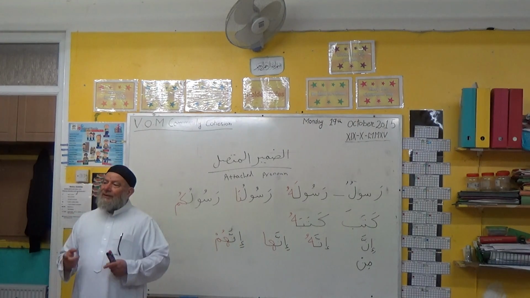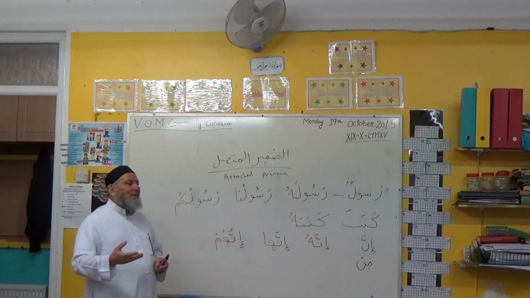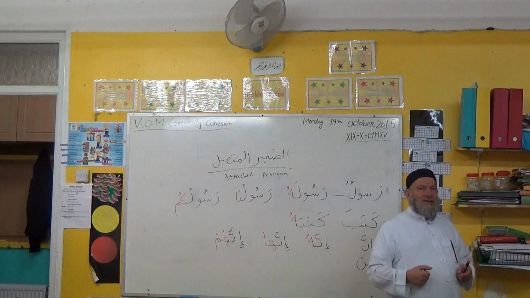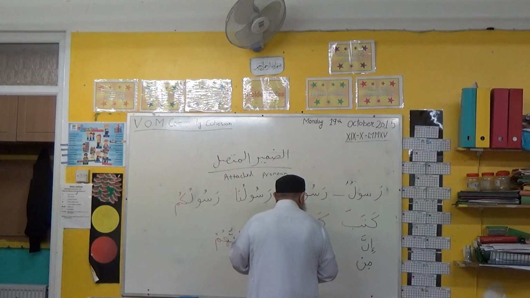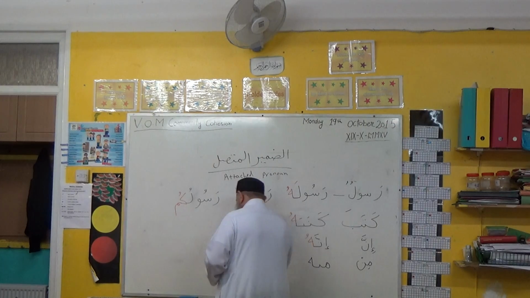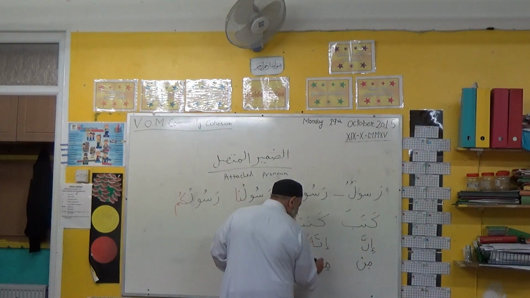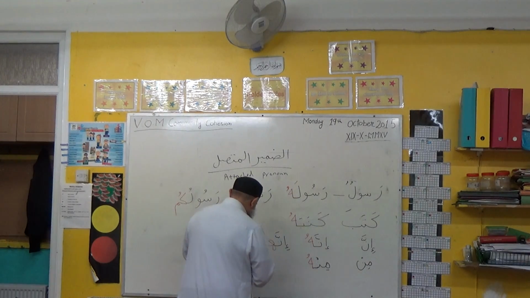But when I know the attached pronouns, then I can understand wherever there is something added at the end of min. So like minhu, which means from him.